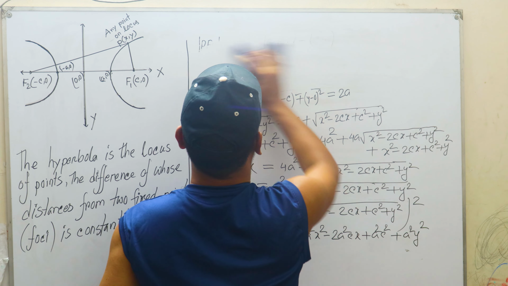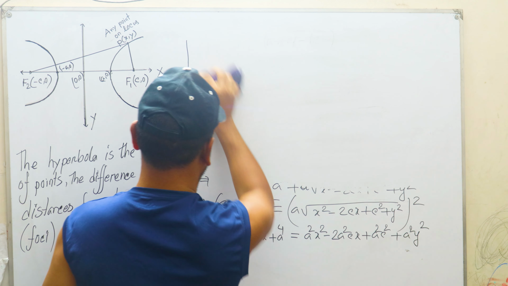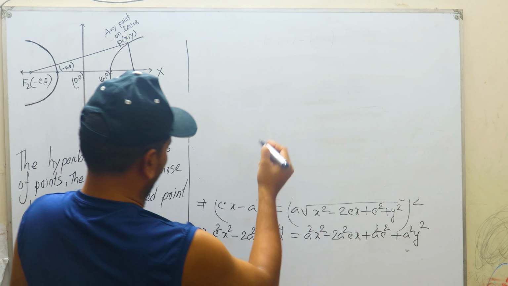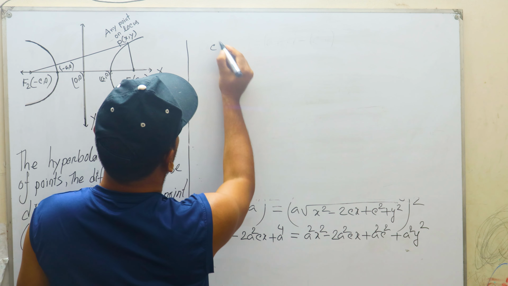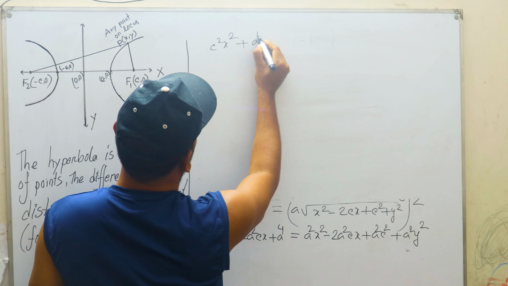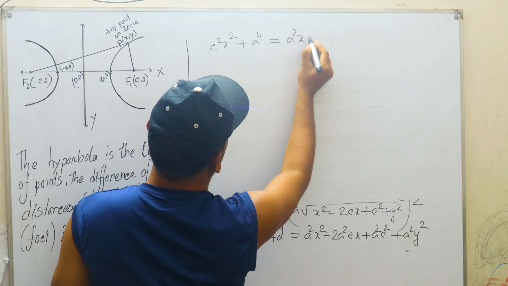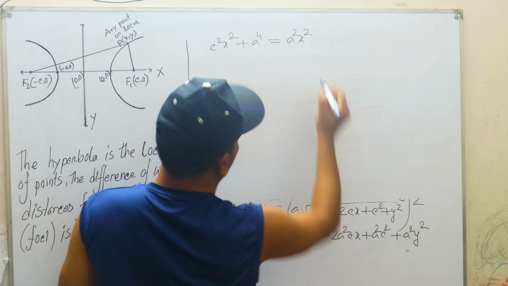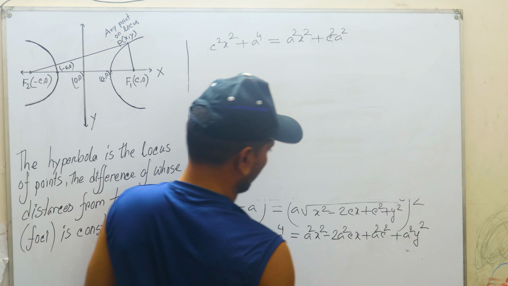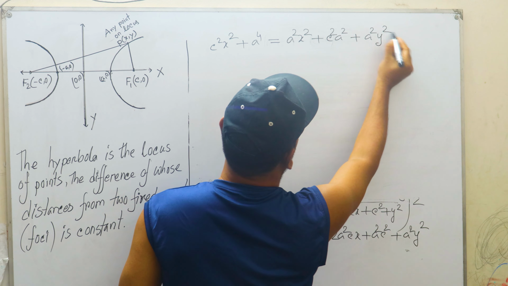It's going to be c square x square plus a power 4 equals a square x square plus c square a square plus a square y square.